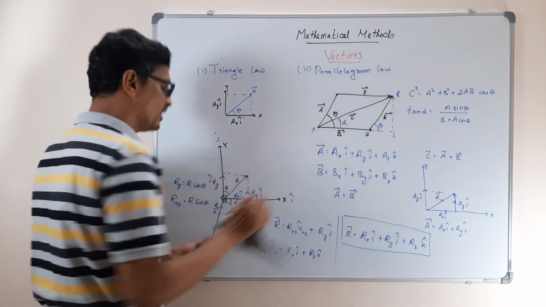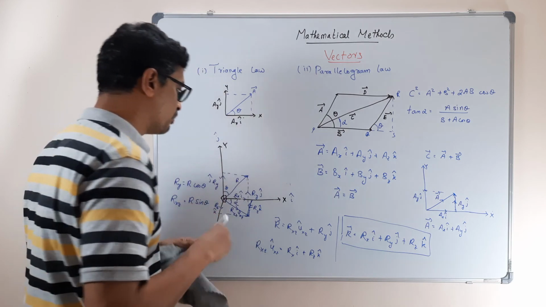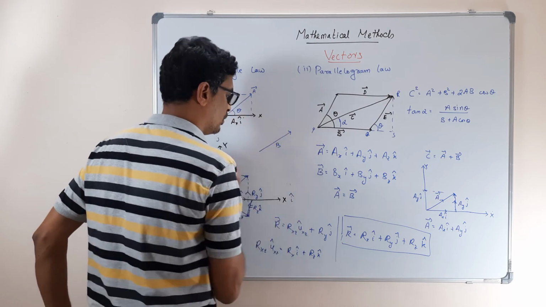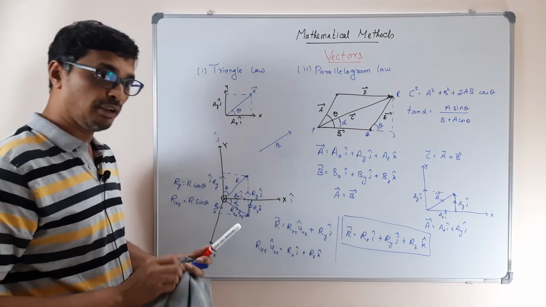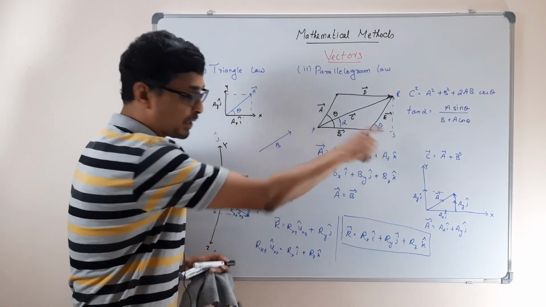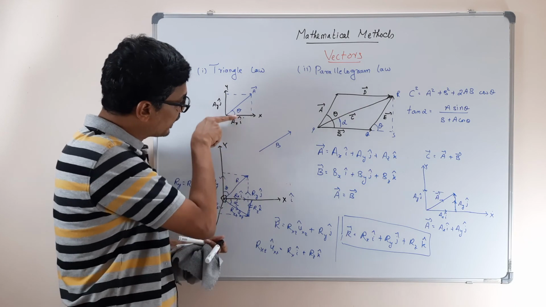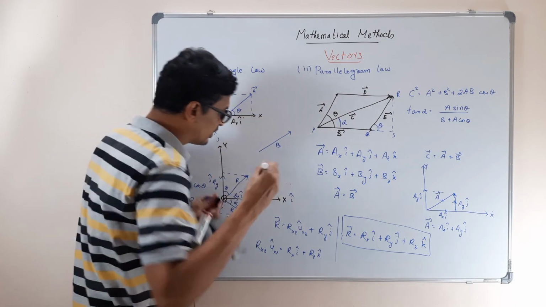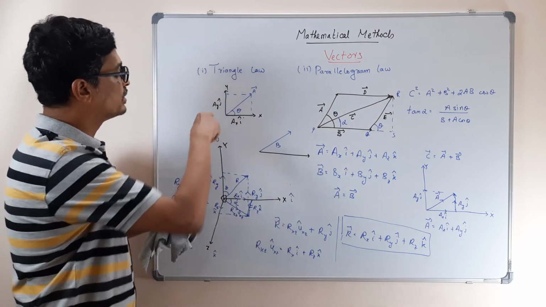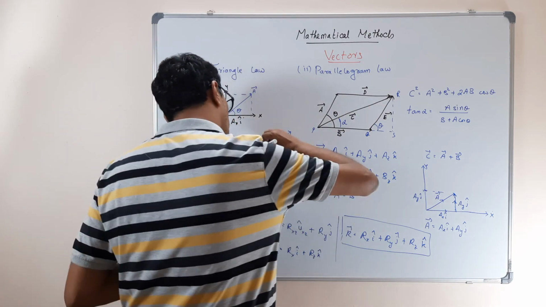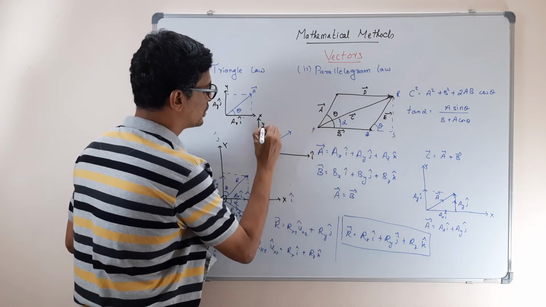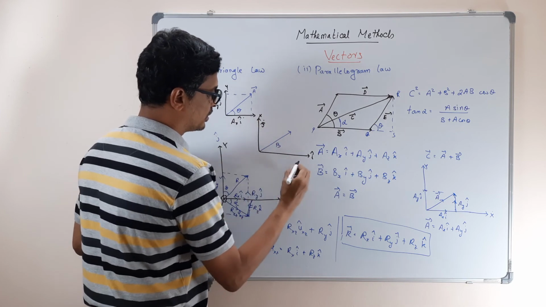Given A equal to B, if I want to resolve into rectangular components i cap, j cap and k cap, then i cap should be parallel to x here, and j cap has to be parallel to y here.